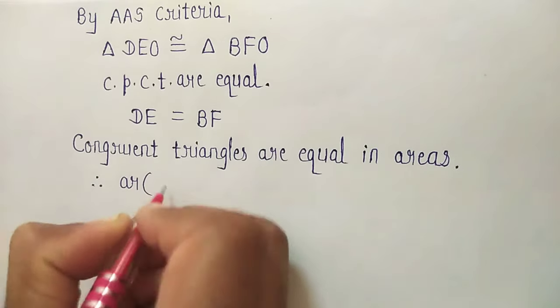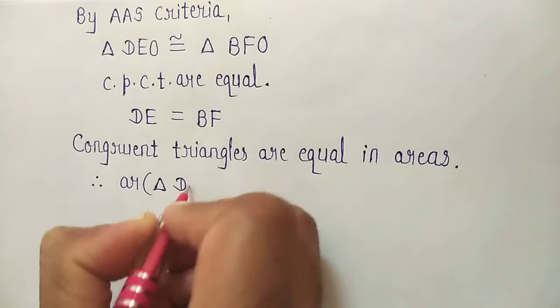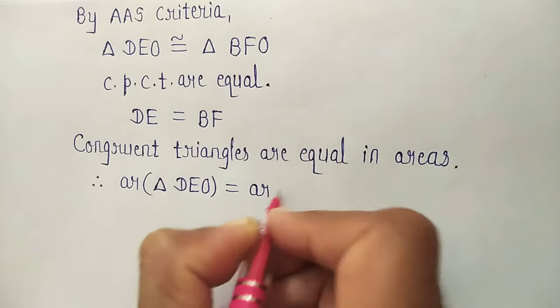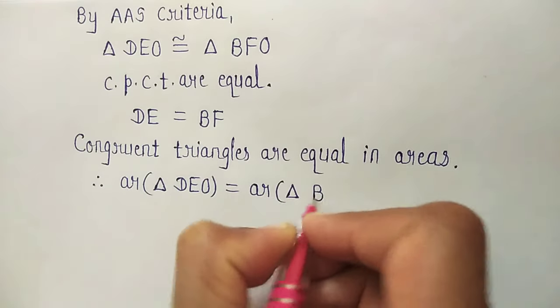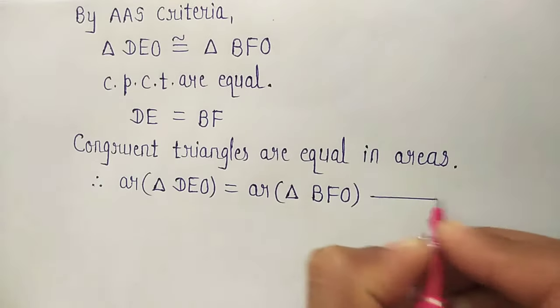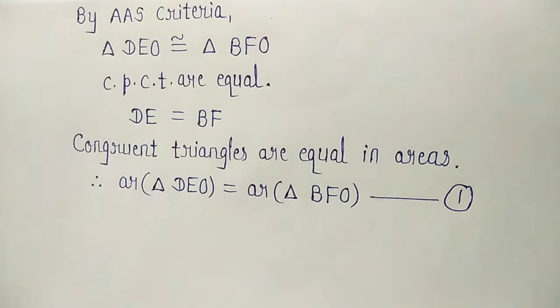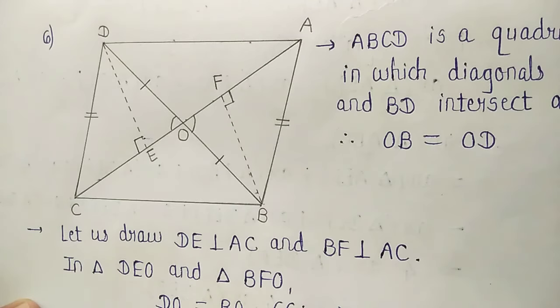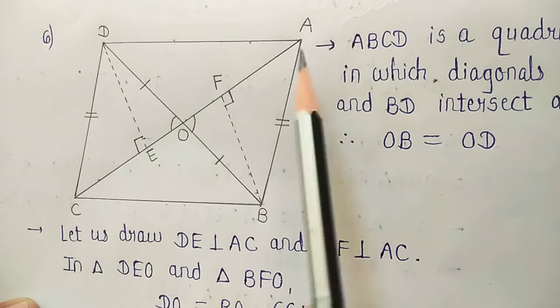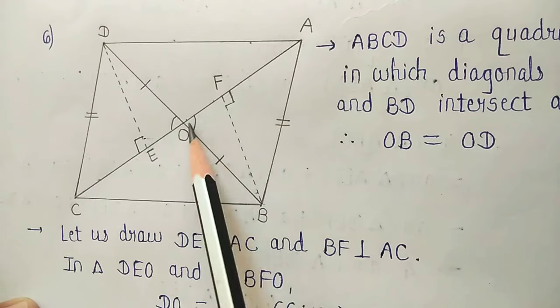Therefore, area of triangle DEO will be equal to area of triangle BFO, right? And this will be our equation number 1. Now, in this we have to prove area of DOC is equal to area of AOB, right?